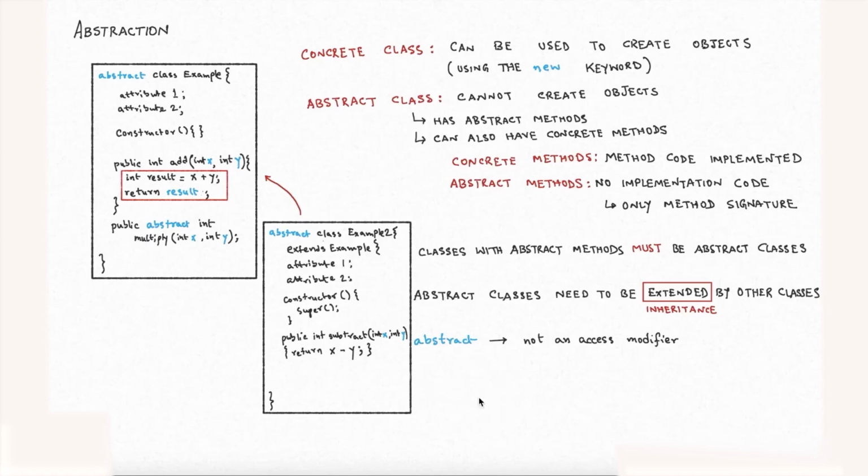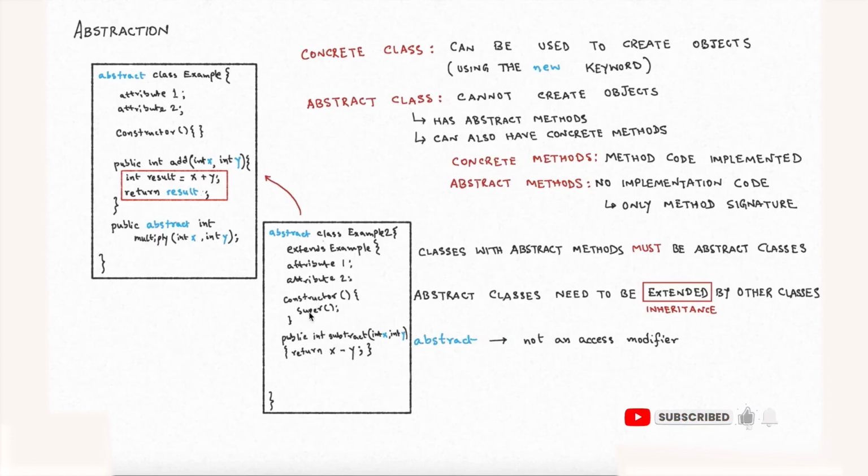The concept is if a class inherits from its parent and that parent is an abstract class, then the subclass, the child class, must implement the abstract methods of its parent class. It must override the abstract methods of its parent class. If it does not override the abstract methods of its parent class, then the child class itself must become abstract.